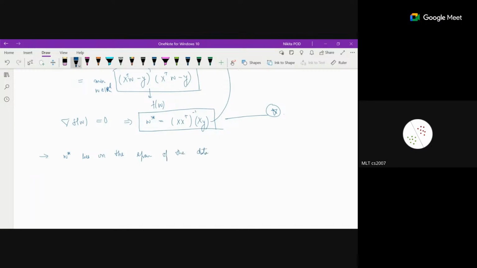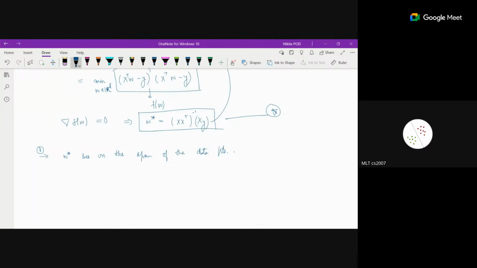We are not going to do the proofs and all. I think these are some results that we had obtained from the lectures. So this is one point that we had seen.